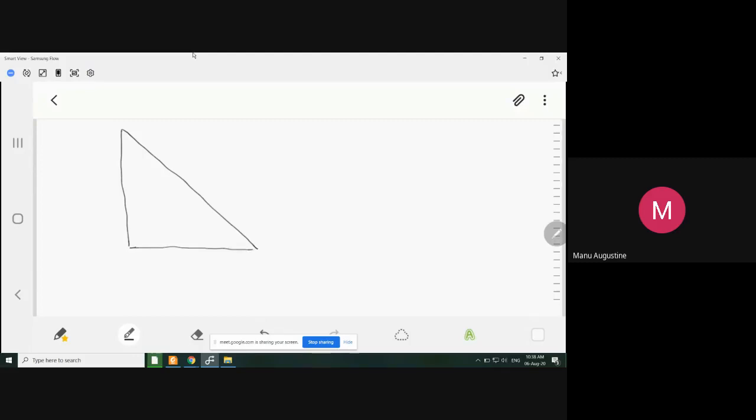Okay, this is the right angle triangle, and let us say that this is the base and the length of the base is b. This is the height and the length of the height is h. Locate the centroid of this area.